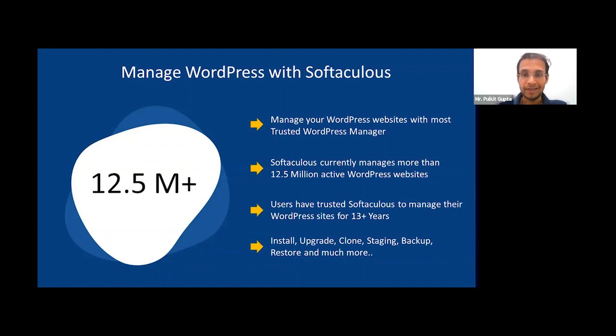Around 12.5 million active WordPress websites are installed and managed via Softaculous in partnership with around 30,000 plus web hosting companies worldwide. You can use Softaculous to install, upgrade, clone, backup, stage, restore your sites. It's not just WordPress. We support around 450 applications in Softaculous. WordPress happens to be one of the most popular softwares in Softaculous.